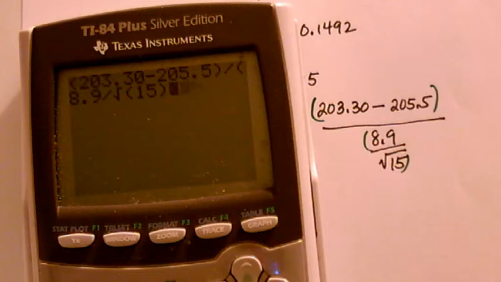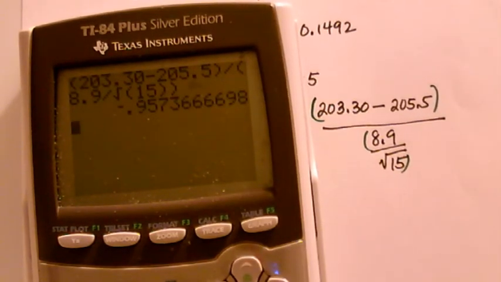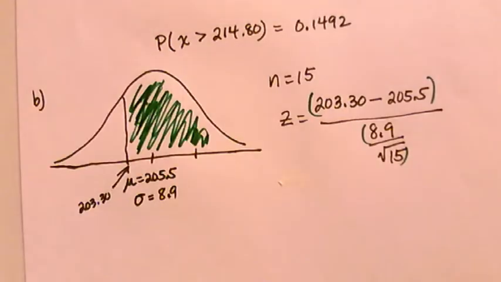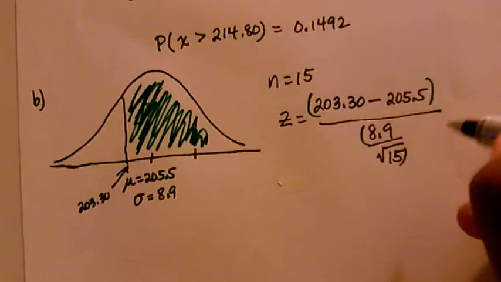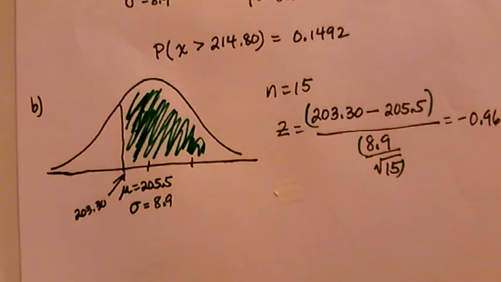Close the parentheses around the 15, close it again because we open it from the very beginning, and then hit enter. This will be, in this case, negative 0.96. Our z value, we rounded to 2 decimal places, so here this will be negative 0.96.